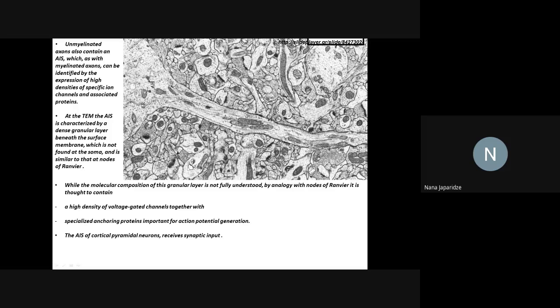So what is the active zone? Hopefully you know. This is presynaptic membrane, postsynaptic membrane, and synaptic cleft. And on the one side of this is the whole synapse. Look, this one. And here is the active zone.